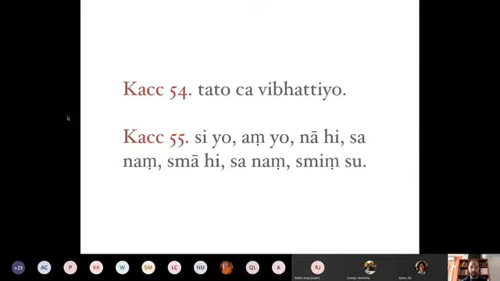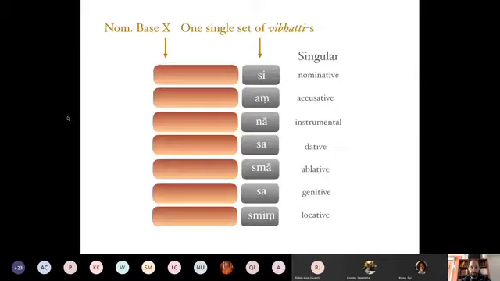And they are siyo, that means nominative, singular and plural. Amyo, accusative, singular and plural. Nahi, instrumental, singular and plural, and so on. So you have a set of 7 couplets, 7 pairs, and they represent the vibhattis.